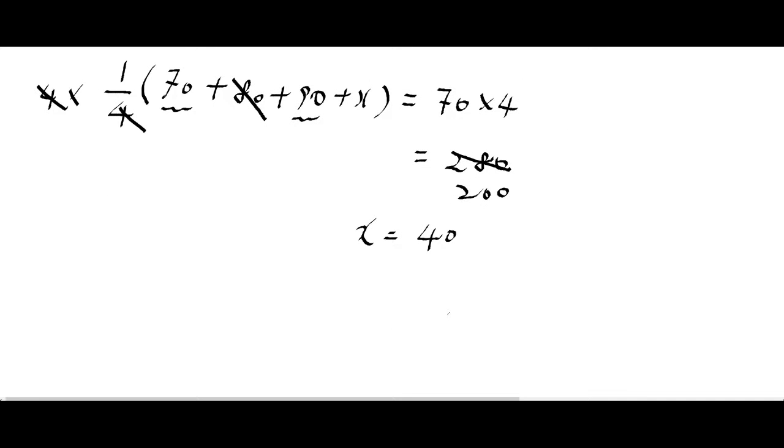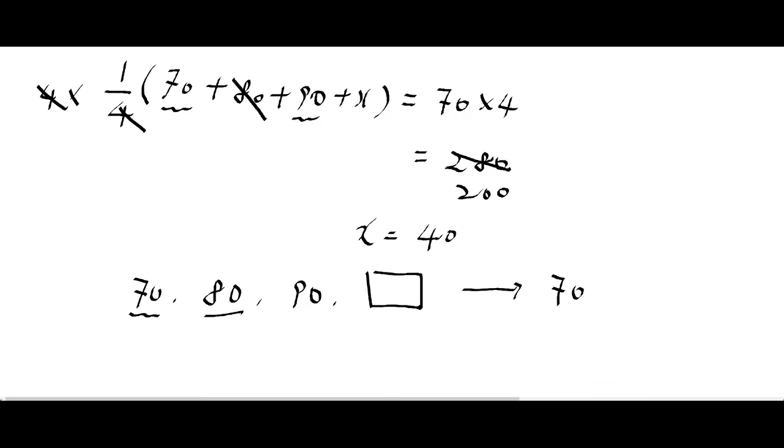You just look there. They gave the 3 squares: 70, 80, 90. We don't know this square, but it makes 70 as the average, which means you have to make all the squares just 70, okay? First one, already what? 70. Second is 80, so you just keep the 10, okay? Understand me?